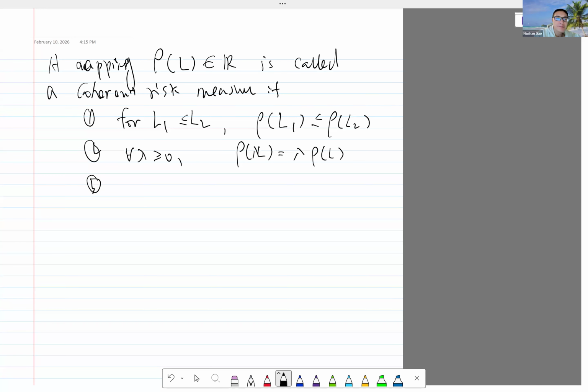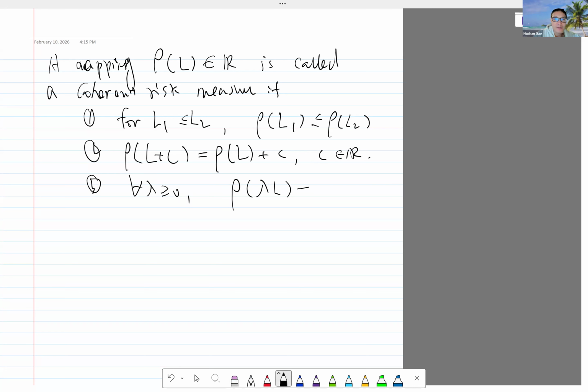Third, rho of L plus C equals rho of L plus C, where C is a constant in R. Fourth, rho of L1 plus L2 is less than or equal to rho of L1 plus rho of L2.